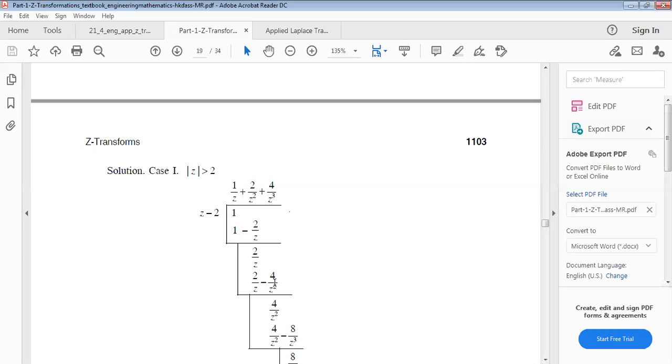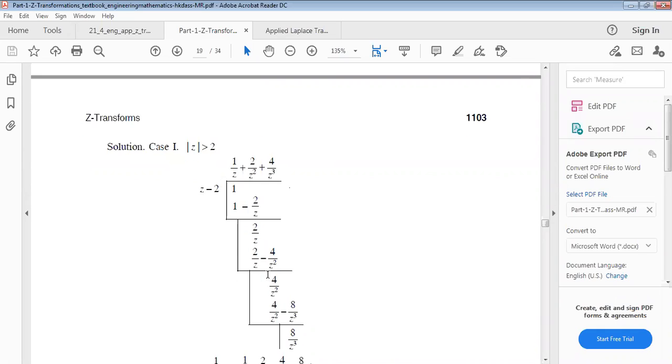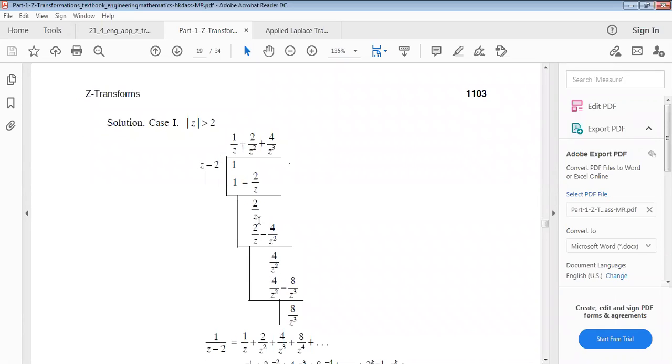Minus 4 by Z square, and Z multiplied by this will be only 2 by Z minus 4 by Z square. Just multiply Z minus 2 by the second term, then you get this one. Now subtracting, this minus this will be 0, then subtracting this, just the sign changes.